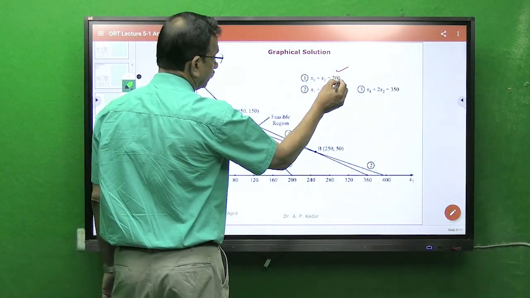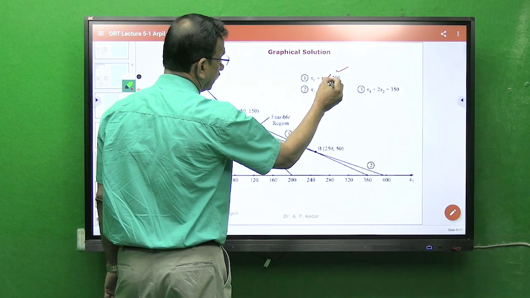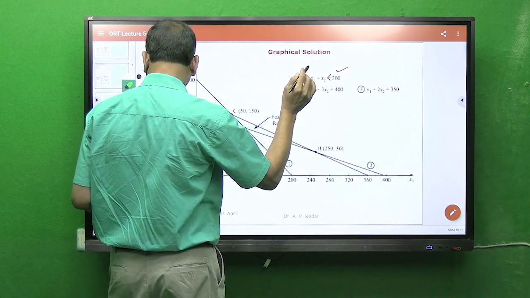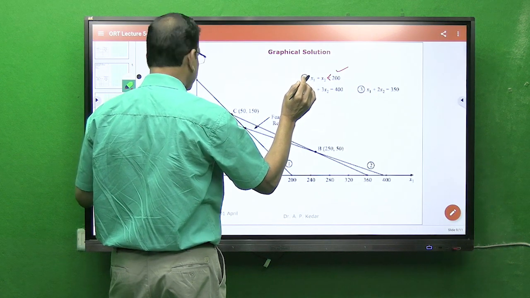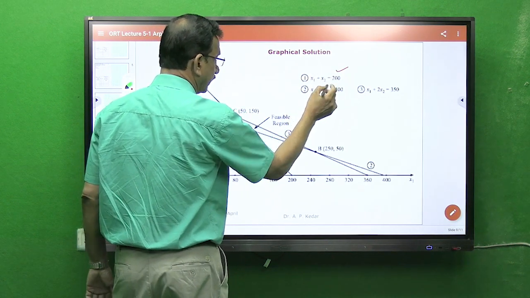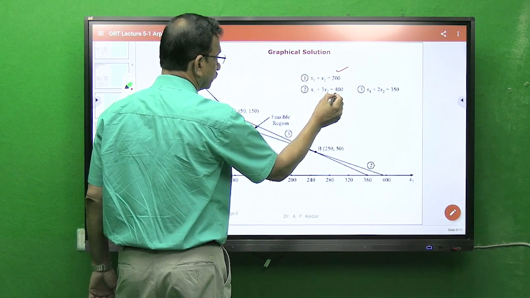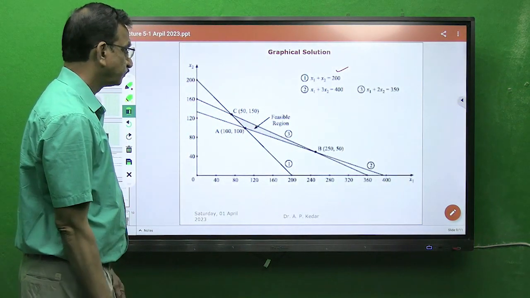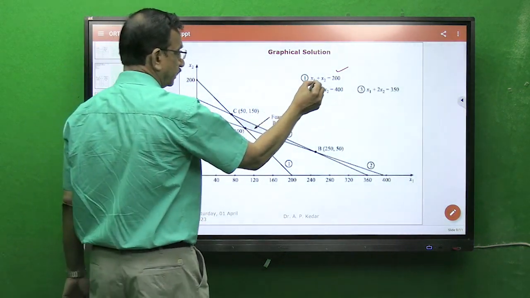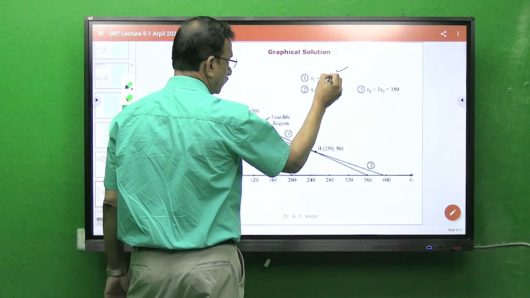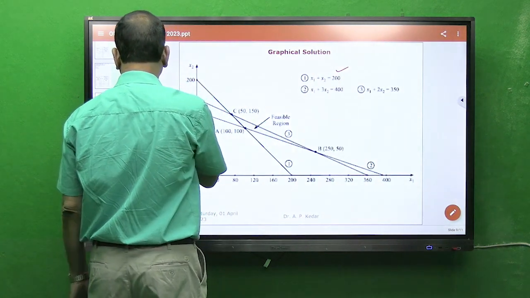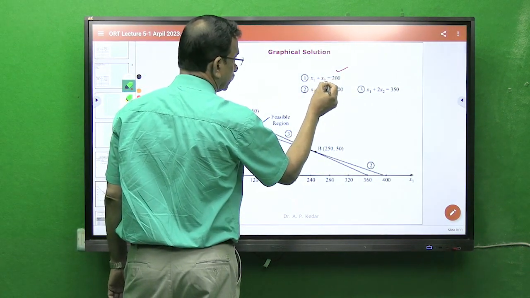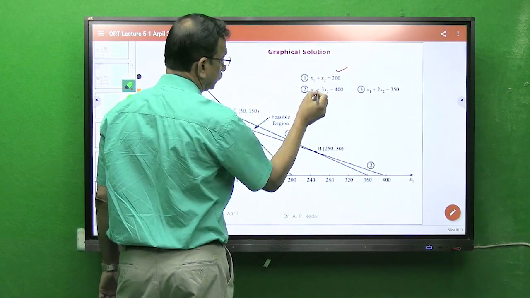If you recall, for the first it was greater than, not less than. For the second it was also greater than, and for the third it was less than. This is correct for finding the values.